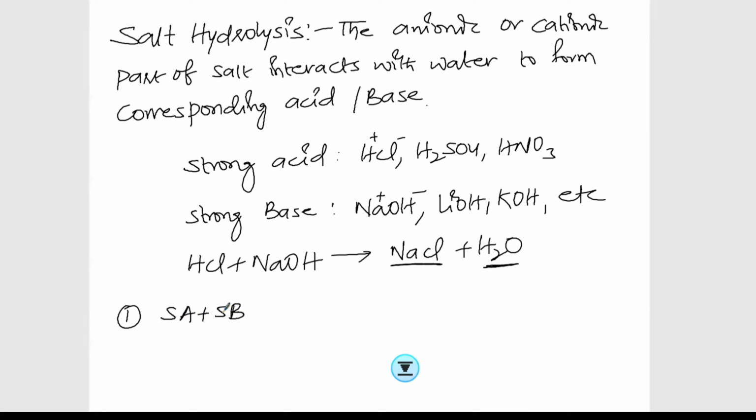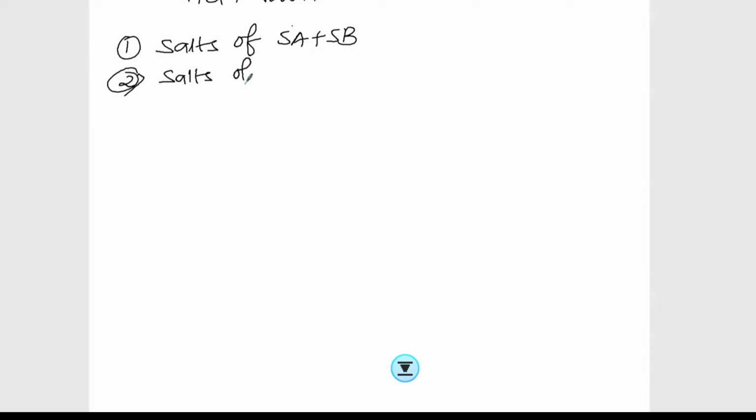Second one is salt of strong acid plus weak base.